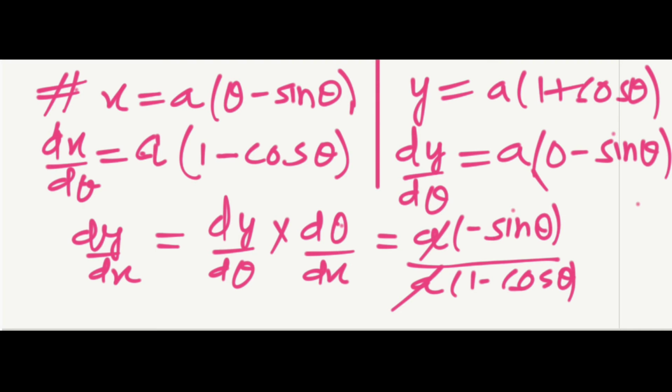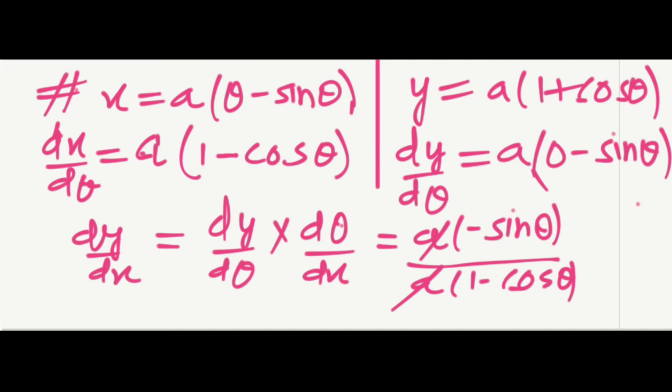On the right side, the derivative of y with respect to theta is a as it is, being a constant, and the derivative of 1 being a constant is 0, and the derivative of cos theta is minus sin theta. So finally we need dy upon dx.